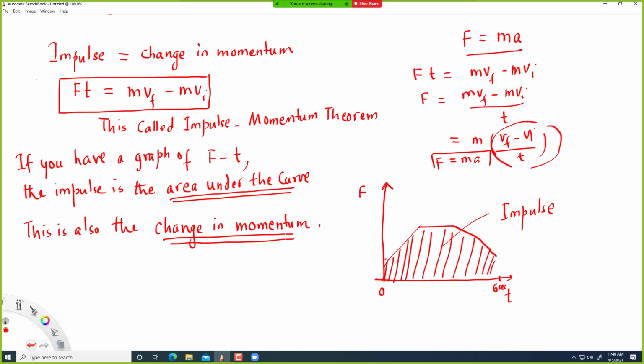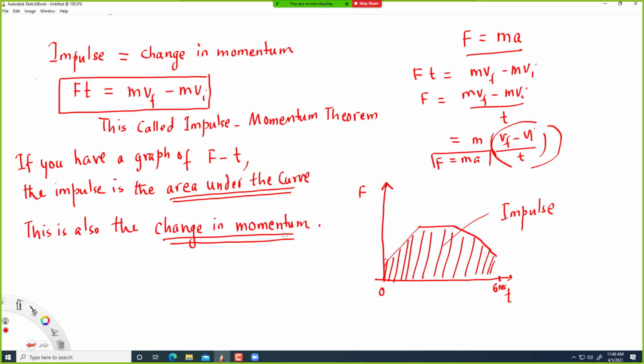The context here is a player hits a baseball, and when the player hits the baseball, the player doesn't apply the same force throughout the time. So the player exerts the force given by the graph. Initially he exerts higher and higher force, and then as the ball moves forward, the force decreases. That graph tells you how the player is exerting the force.